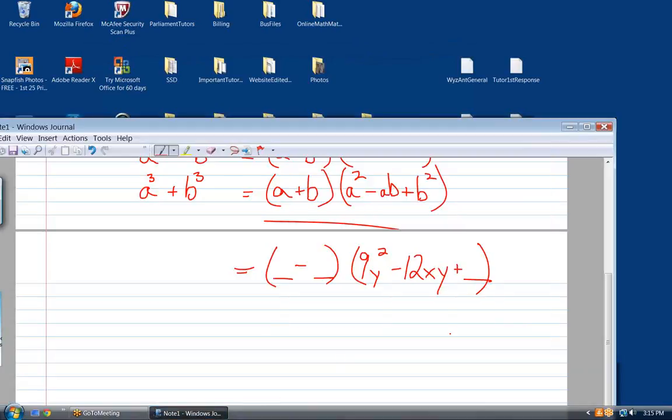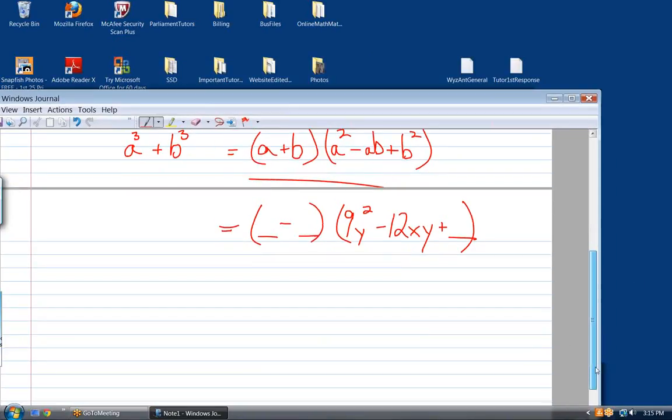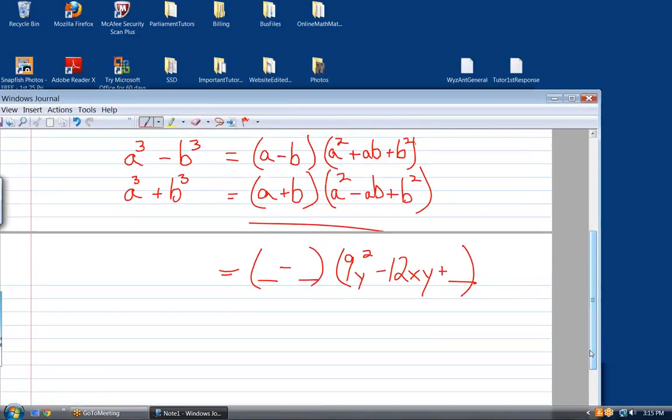And, okay, so which are we looking at? Difference or sum of cubes here? This would be sum, right? Yeah, it's this one right here, right? Yeah, you have the opposite sign in the middle term.